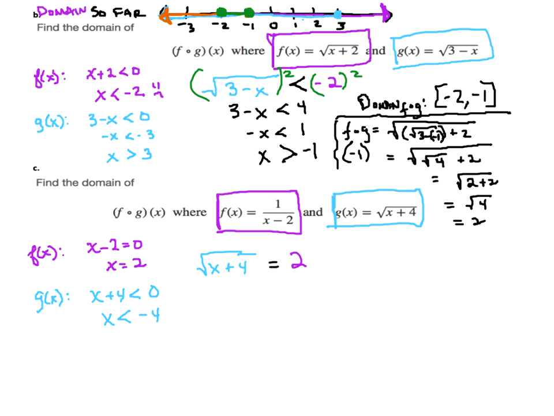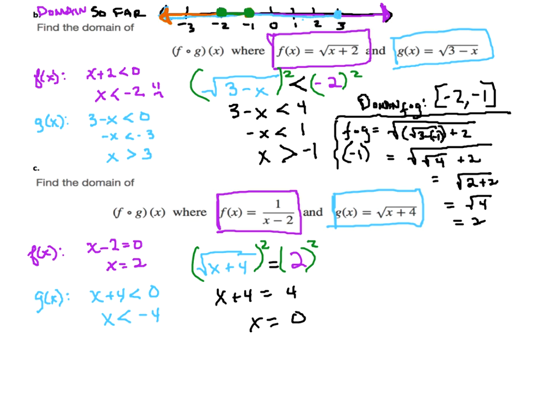So once again, I square both sides to get rid of that square root. That leaves me with x plus 4 equal to 4. Subtract 4 from both sides. So we cannot have 0 either.